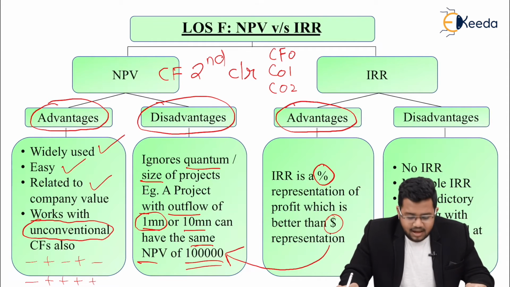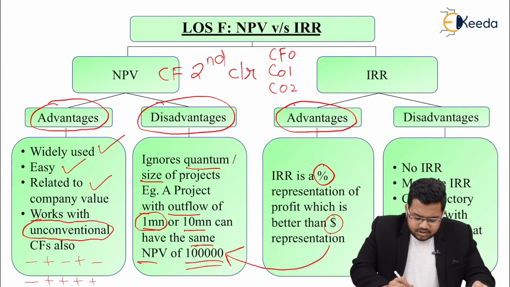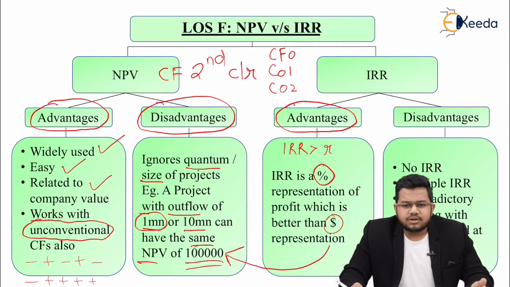What is 1 lakh as a percentage of outflow, that you do not get in NPV method. So IRR method, whatever IRR you find is actually in terms of percentage. So this is an advantage of IRR method. And then our decision used to be based on this. If IRR is greater than my required rate of return, I would accept the project. So in terms of percentage, it is a better representation.